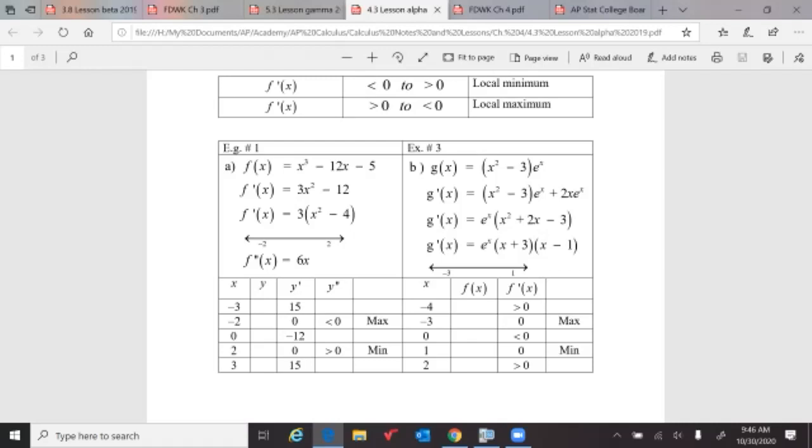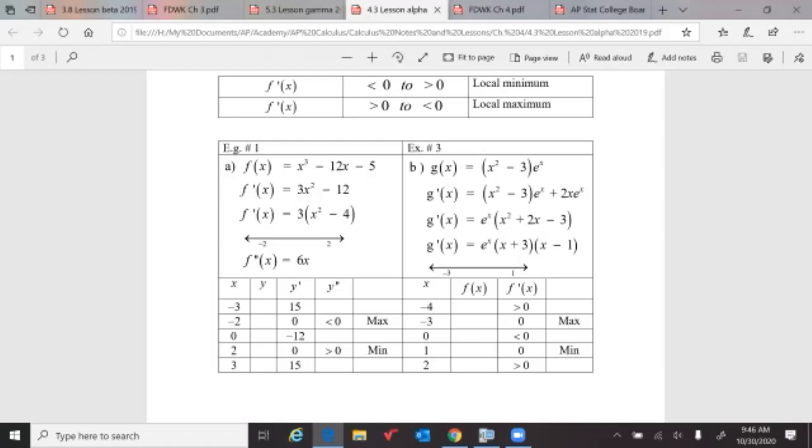e to the x can't be 0. There's no exponent that makes e to the x 0. So what makes this thing 0 would be negative 3 and 1. So here's the number line. If you just write them on the number line, what you're doing is testing points, which is what we did here. You're testing points to the left of the values you identified, in between them, and to the right of them.